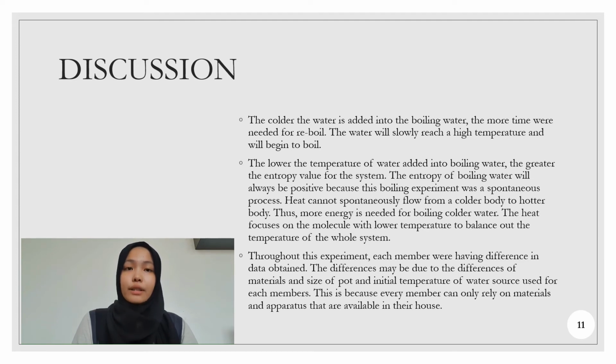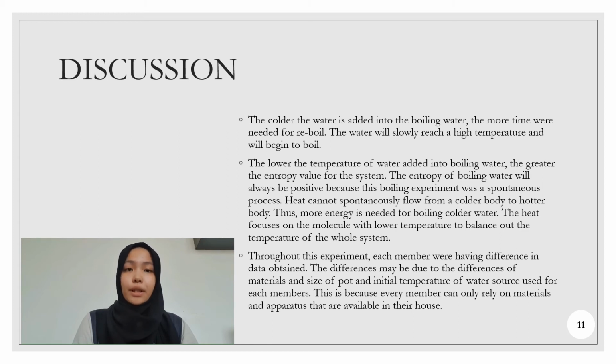One of the assumptions of the second law of thermodynamics that can be explained in this experiment result is that heat will naturally flow from higher temperature body to lower temperature body. Heat cannot spontaneously flow from colder body to hotter body. Thus, more energy is needed for boiling colder water.